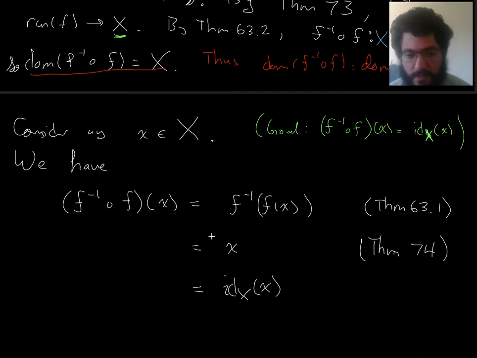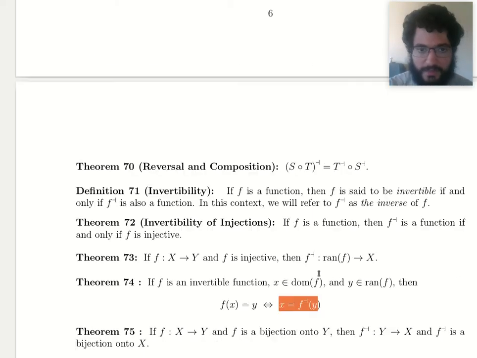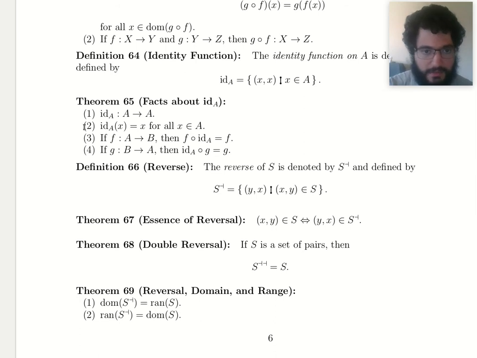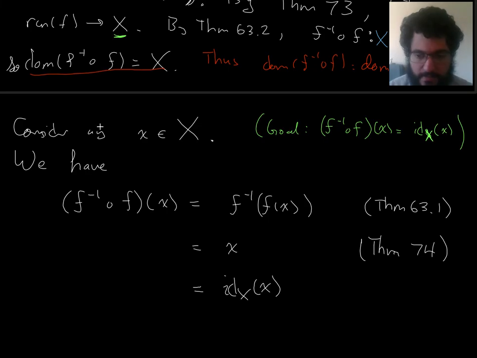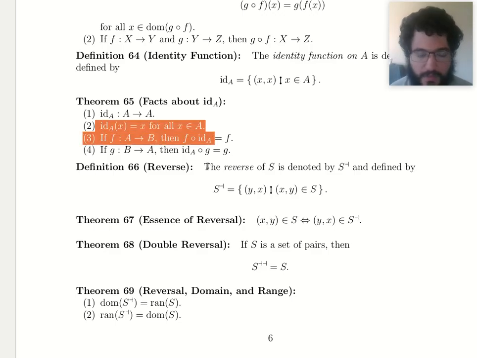And then finally this one. This is going to be one of our basic facts about the identity function, 65.2, that the identity function is the do-nothing function.